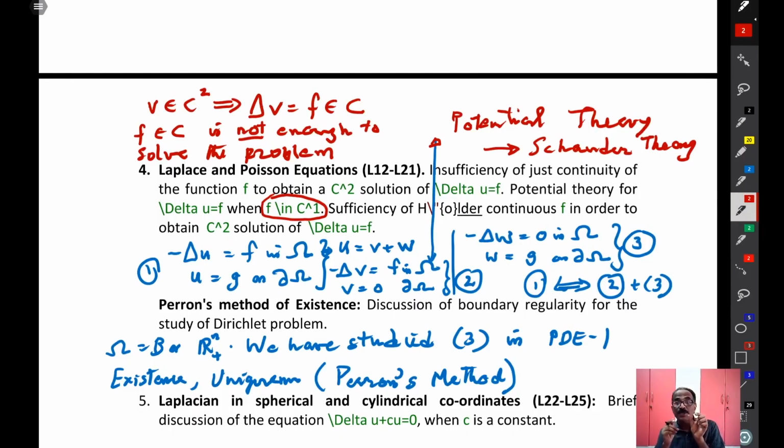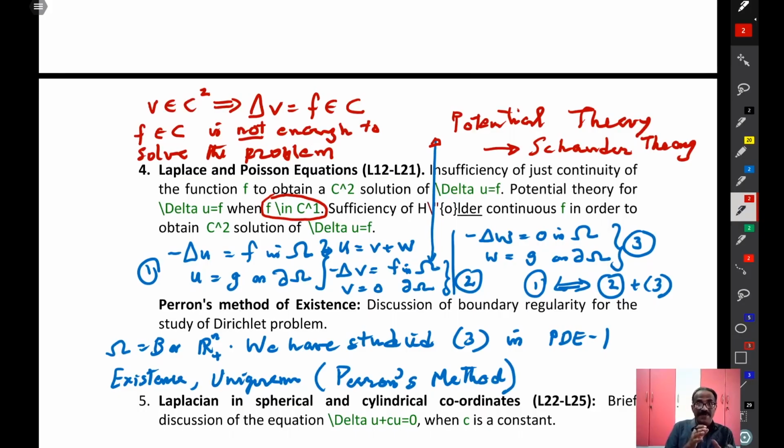So this introduces a new concept called Hölder continuous functions. We motivate why Hölder continuity is required. This is exactly what you saw in the first course on PDE, where you introduced the fundamental solution, and the fundamental solution and its first derivatives are locally integrable.